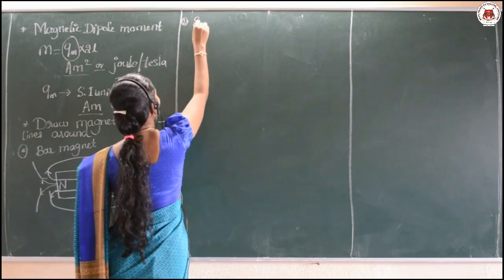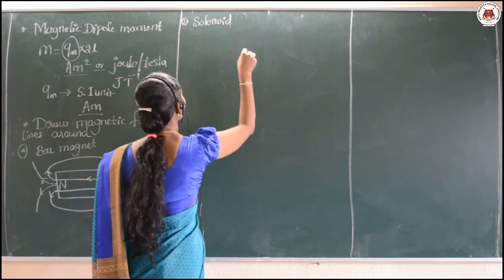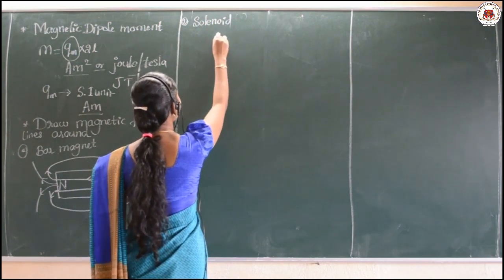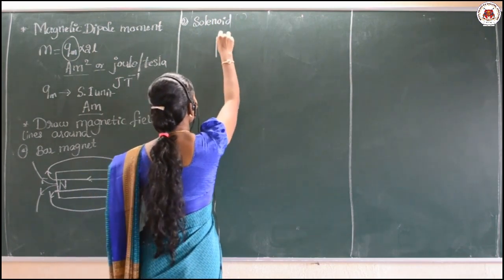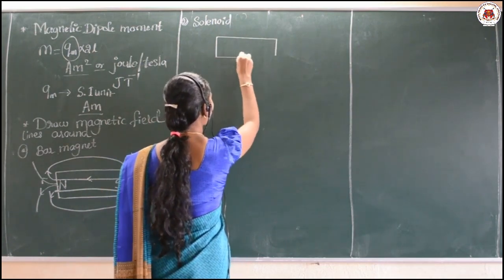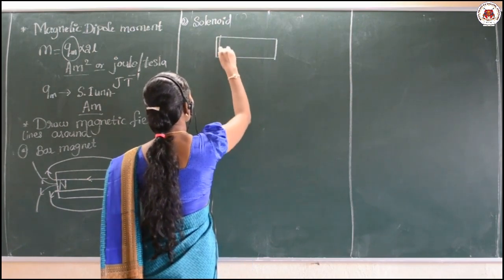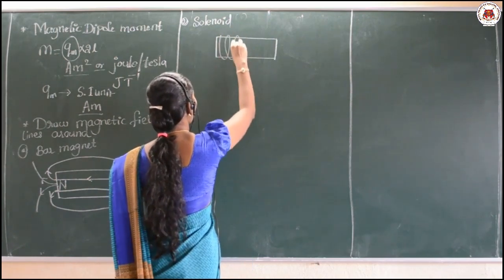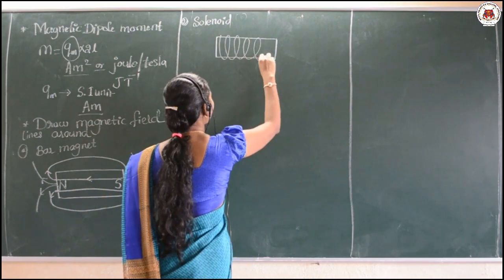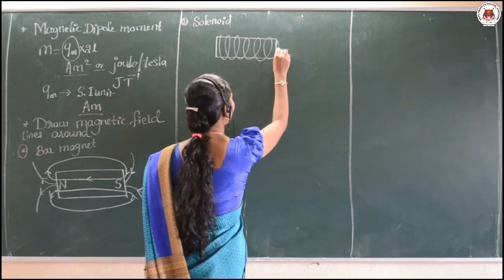Around a solenoid. Solenoid means, as we know, an electromagnet wound with copper wires, like this. Copper wires are wound around the core, and the structure will be like this.